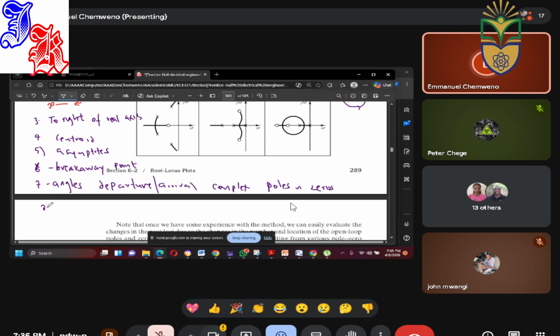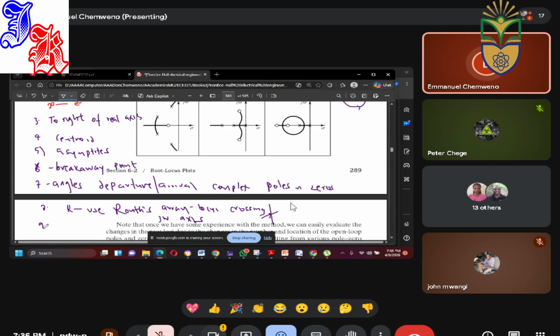Number 8, we had K. Use roots array at the point at which the locus is crossing, for locus crossing J omega axis.